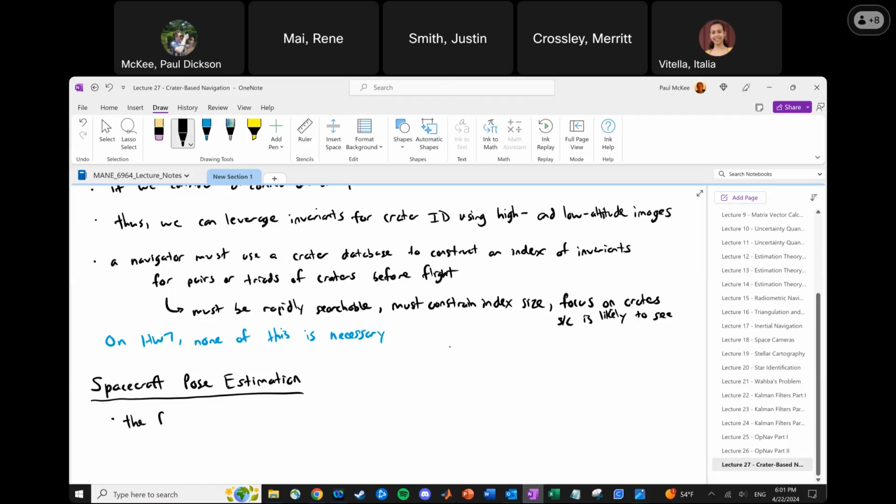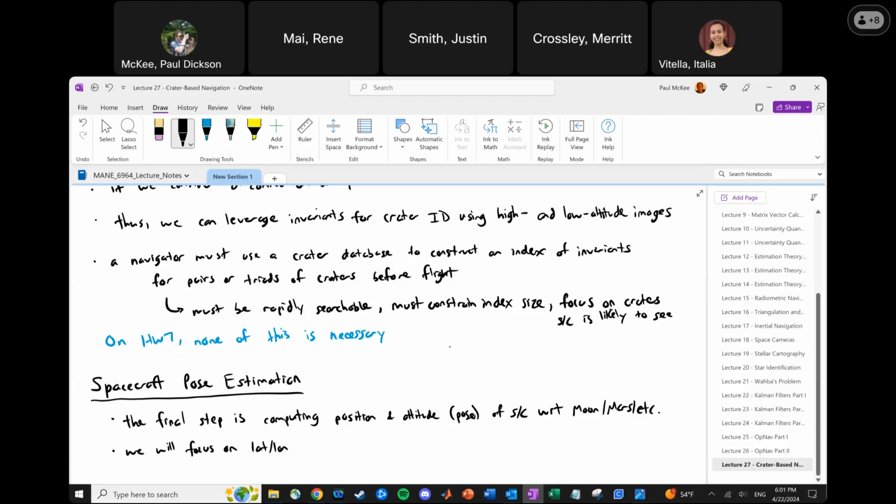Final step is computing position and attitude, which as a pair are referred to as the pose of the spacecraft with respect to the Moon or Mars, etc. We will focus on the lat long of crater centroids.